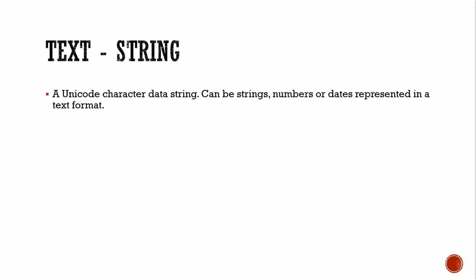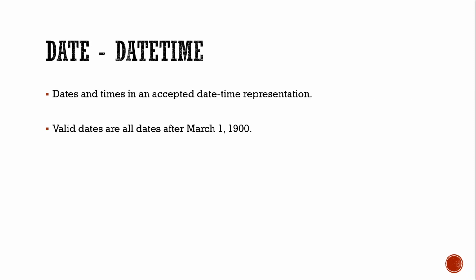To cut it short, when the data type is text, it will have a value equal to any word or letter. Date: this includes dates and time, so it includes hour, minutes, seconds, month, day, and year.